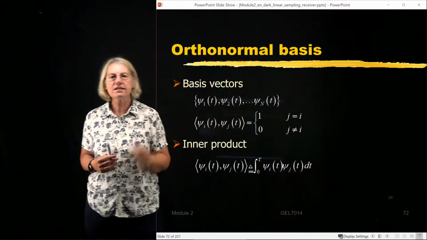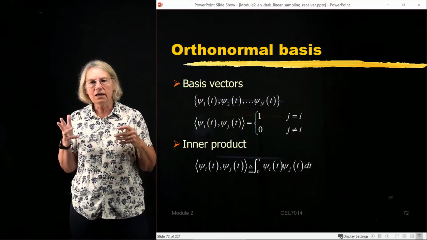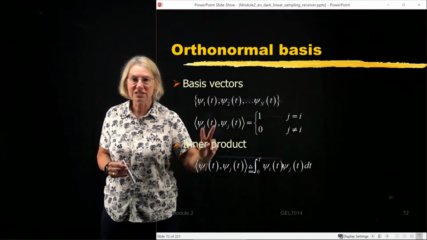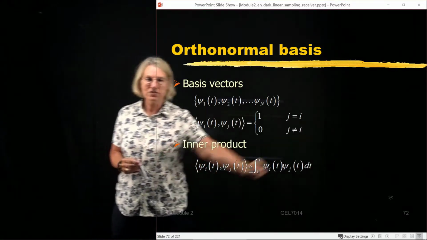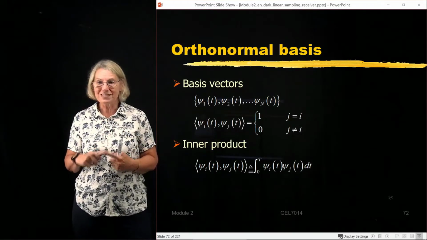It's normalized, so every basis vector has length of 1. And if I take the inner product of two different basis vectors, j not equal to i, well, they give me an inner product of 0, which means they're orthogonal.